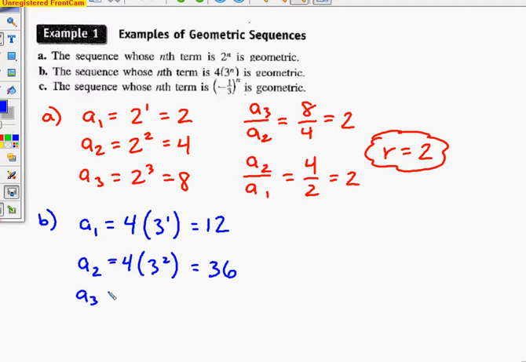A sub 3 is 4 times 3 to the third. 3 to the third is 27. 27 times 4, I believe, is 108. Yes.